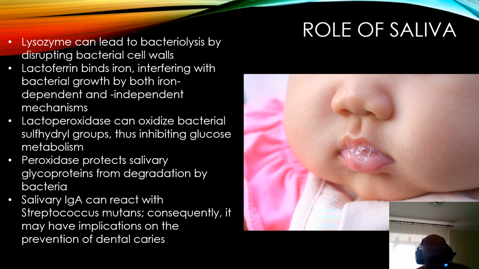Peroxidase protects salivary glycoproteins from degradation by bacteria. Salivary immunoglobulin A can react with Streptococcus mutans. Consequently, it may have implications on the prevention of dental caries.